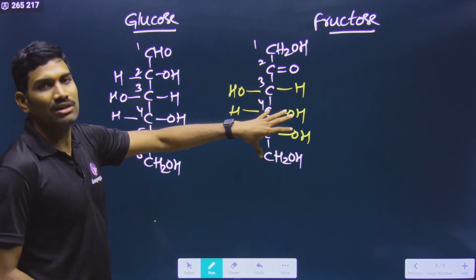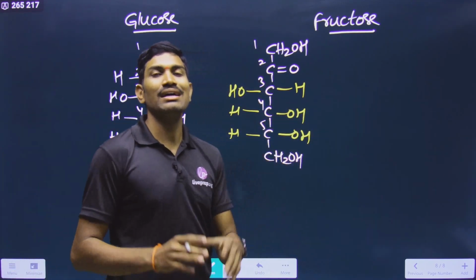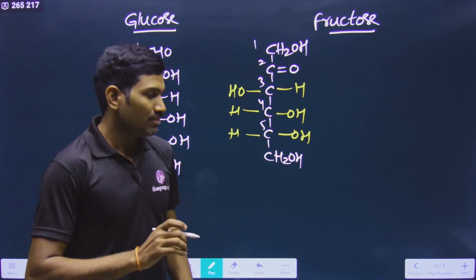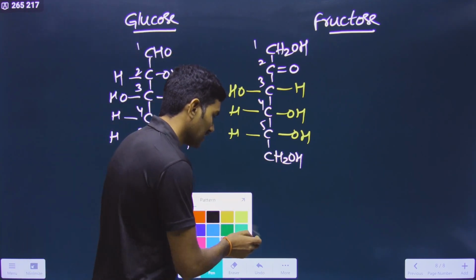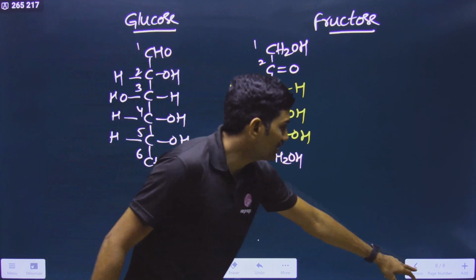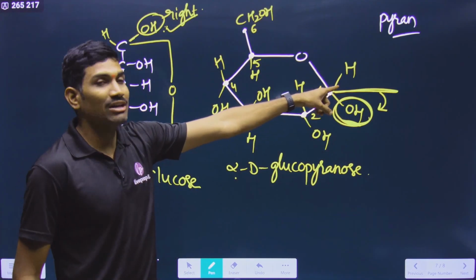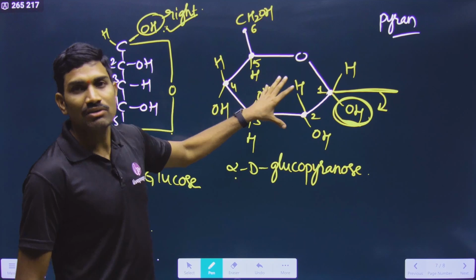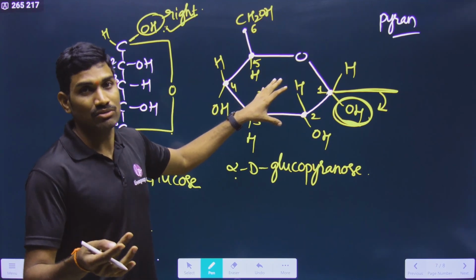Now this particular one, we need to represent in the form of a Haworth projection. But please remember, even though 6 carbons are present, see, for glucose, which ring have we used? Pyran ring. We used the pyran ring for glucose, galactose, mannose.